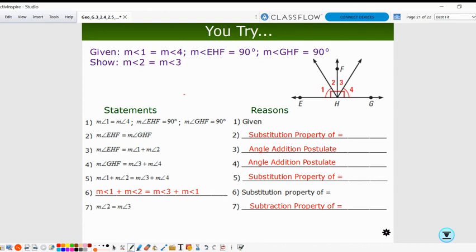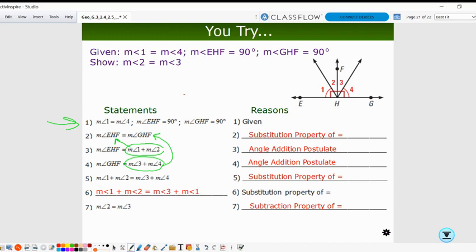So now let's take a look. We have this is equal to that. We have this is equal to that. Therefore, these pieces have to be equal to each other. That's your substitution property or the transitive property. Now we have angle 1 plus angle 2 equals angle 3 plus angle 4, but we've changed angle 4 to be angle 1, and that comes from our given statements.